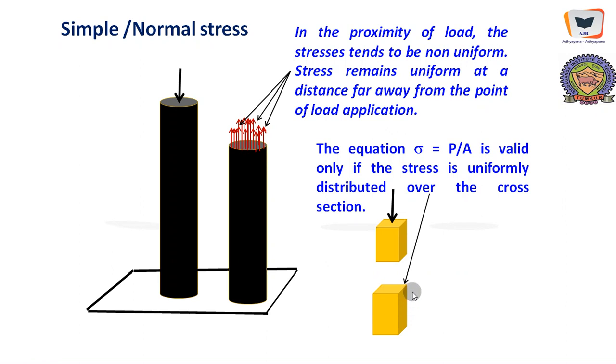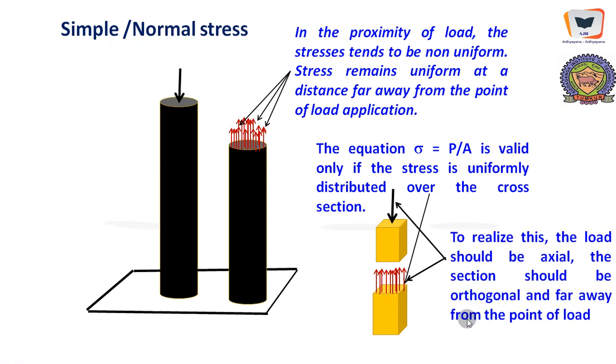If we take a section somewhere over here on this component, we should feel as if the parts are getting separated. This part is in equilibrium, this part is also in equilibrium, and in order to hold these two parts in equilibrium, stresses are developed.